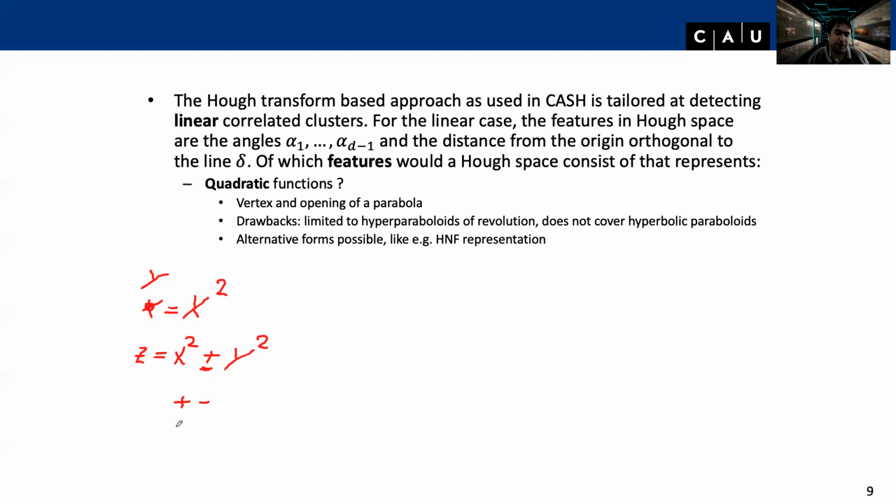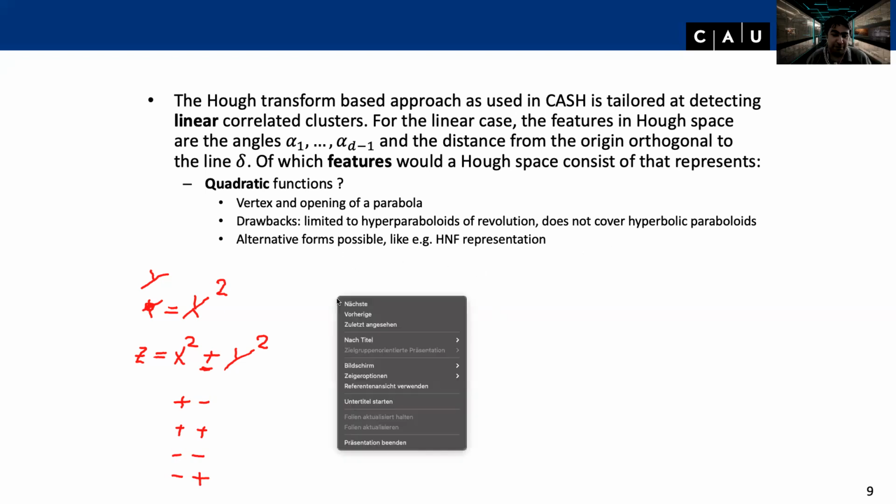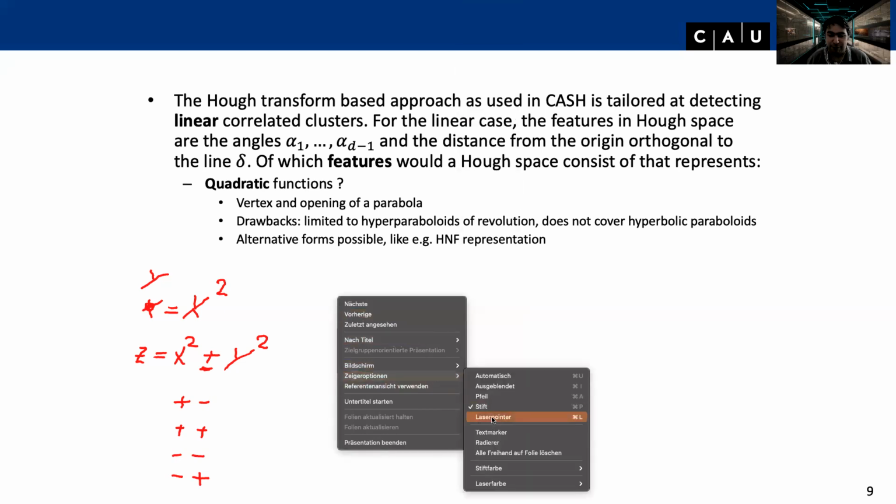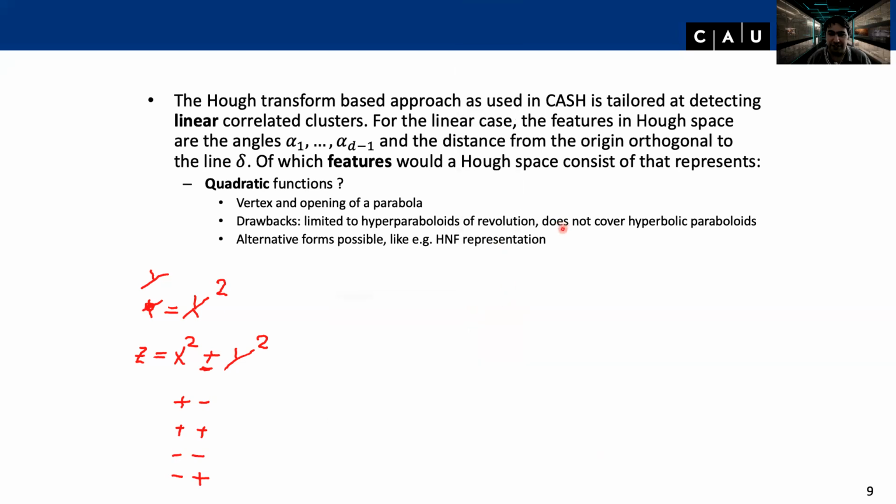And then you have plus minus, plus plus, minus minus, and so on. So you have many more different combinations to go for. And it gets more difficult in higher degree polynomials. So this is one insight that you get, that you have many more different variants to cover.